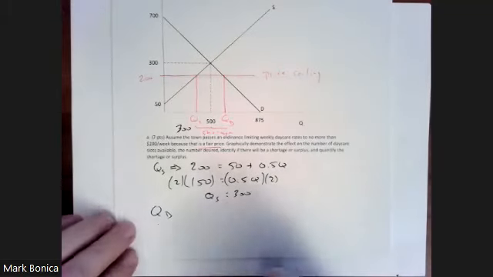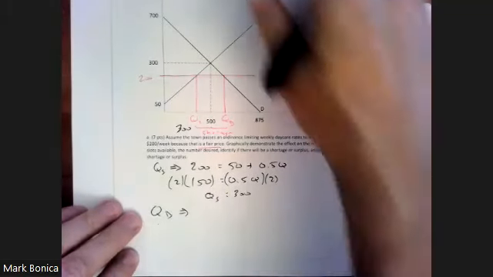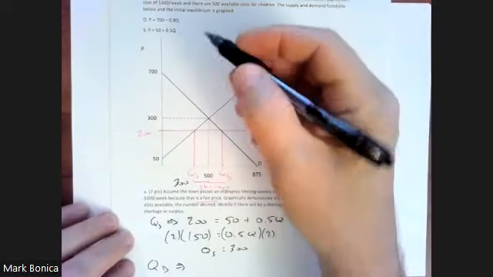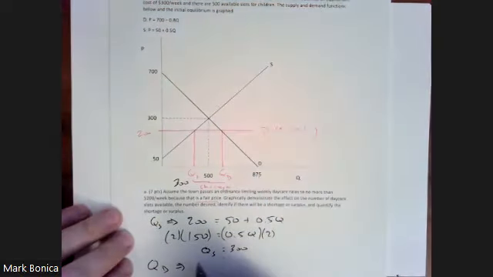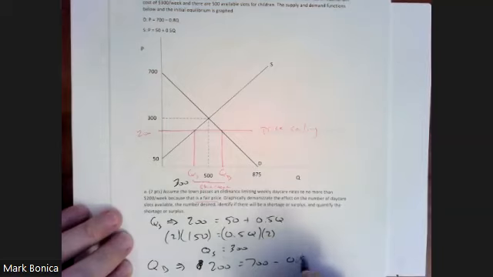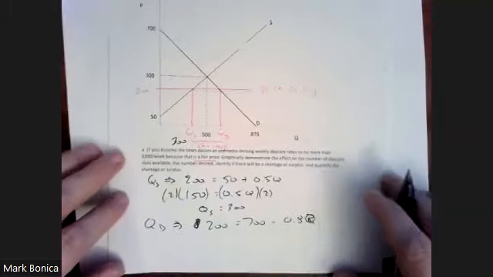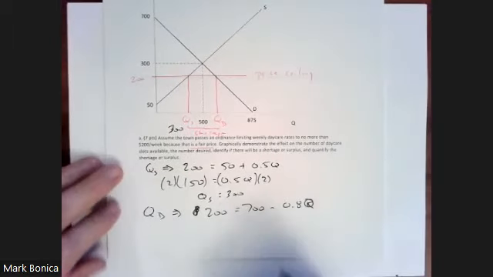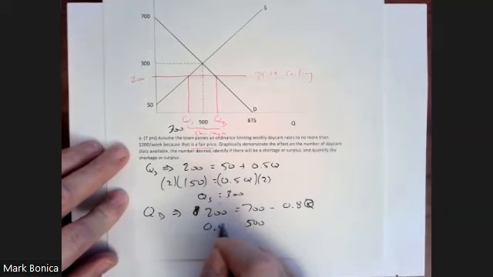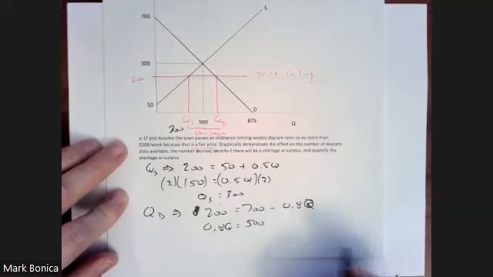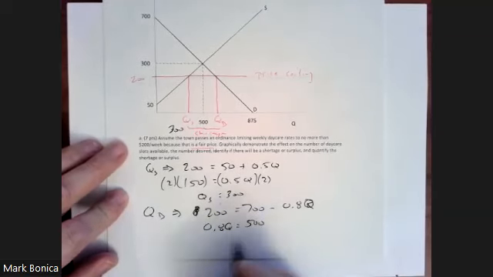And then QD, push up here, QD, we take $200 and plug it into the demand function, which is 200 equals 700 minus 0.8 Q. So 700 minus 200 is 500, add 0.8 Q to both sides, we get 0.8 Q is equal to 500, divide through by 0.8 on both sides.